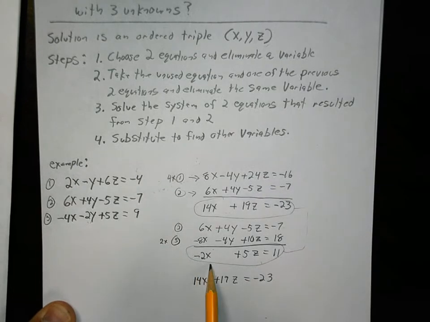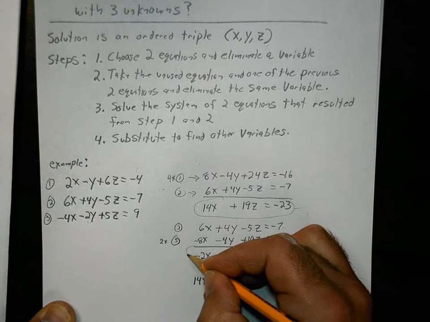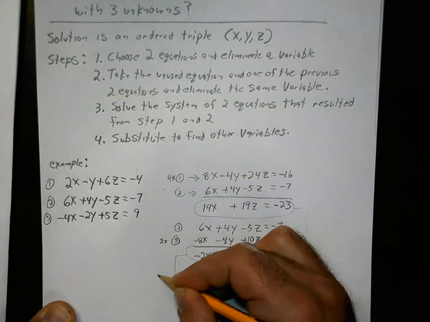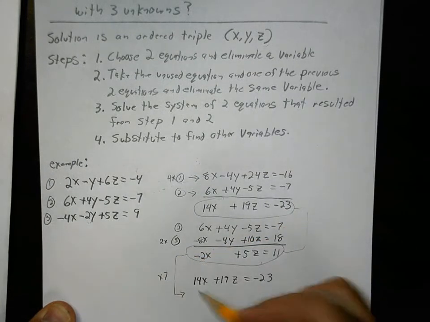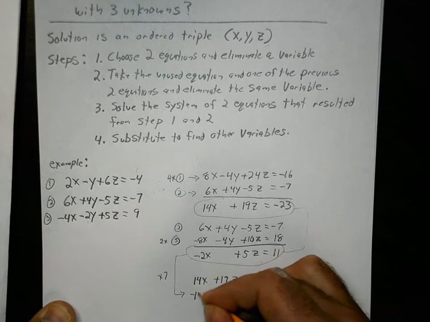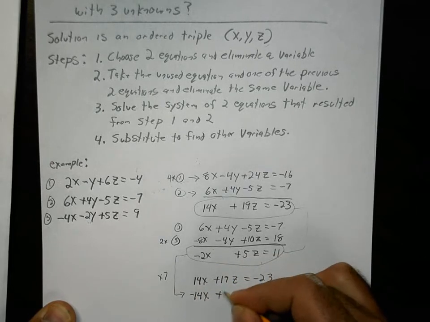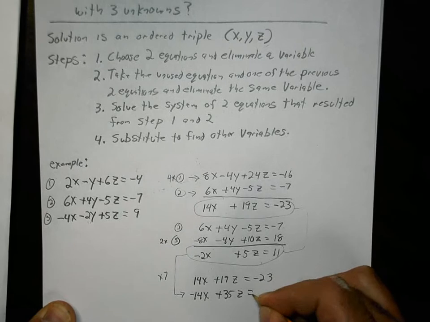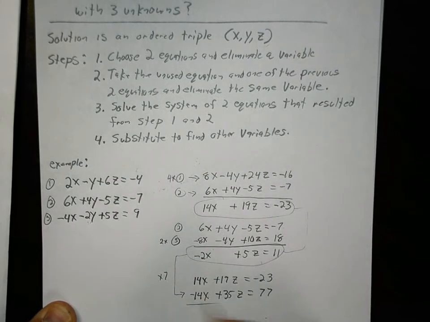And I'm going to take this equation and multiply it by 7 to have an opposite on the x's. So now I have negative 14x plus 35z equals 77.